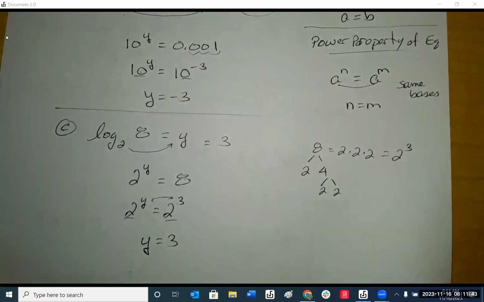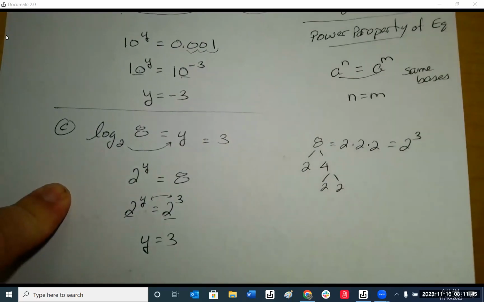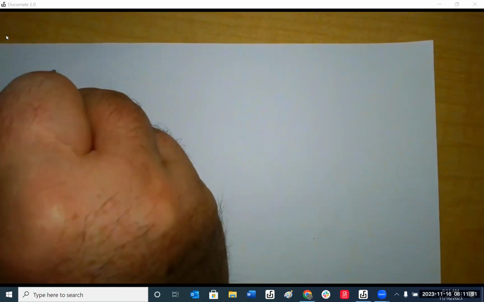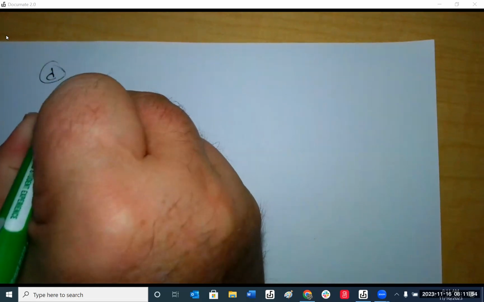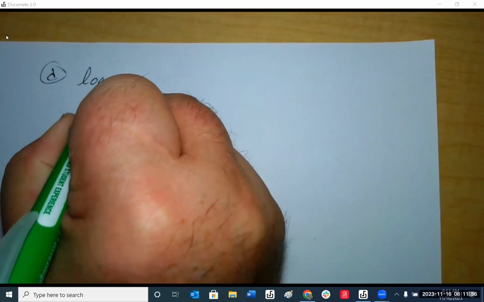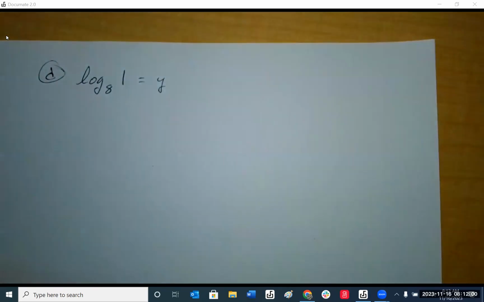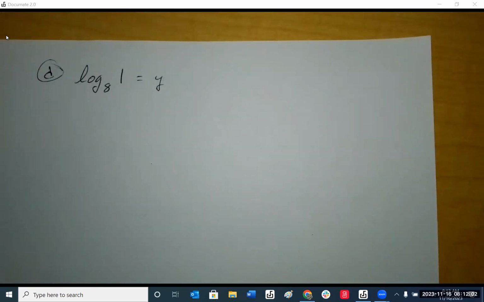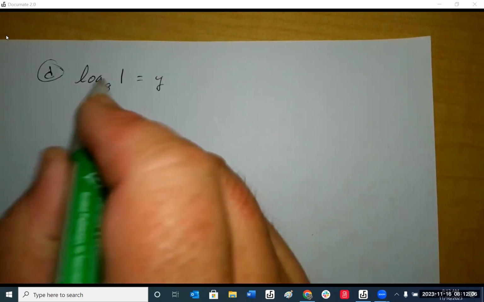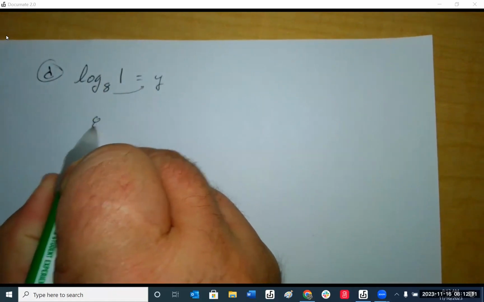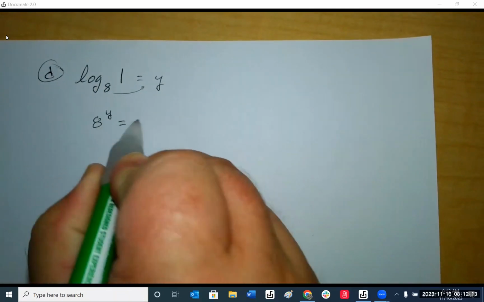The next two of this sequence are actually properties. Log base 8 of 1. We convert this, so it's 8 to the power of y is equal to 1.